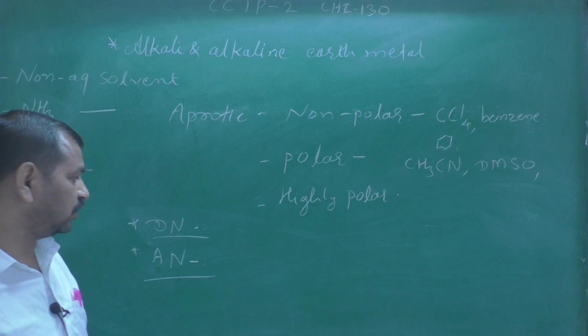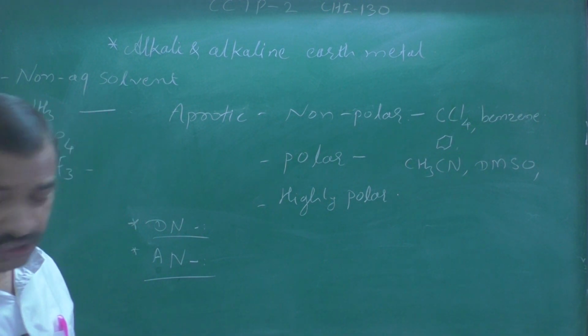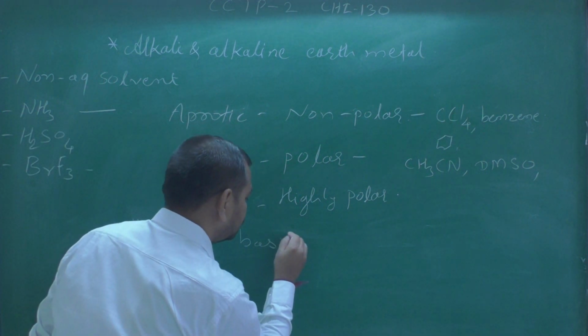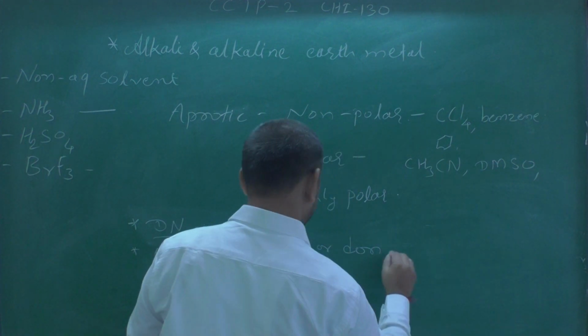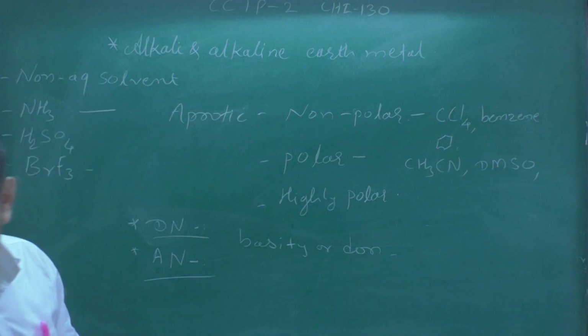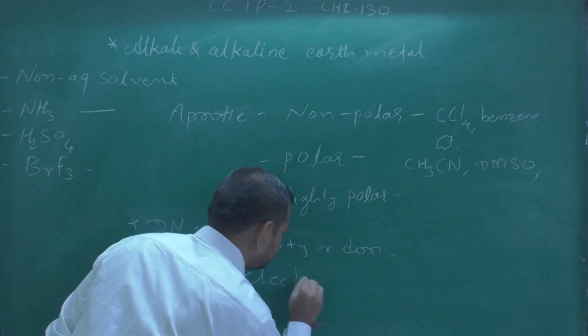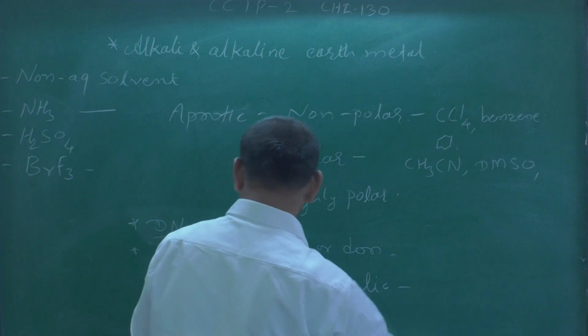So DN, donor number, measures basicity or donor ability, and AN, acceptor number, measures the electrophilic behavior of the solvent.